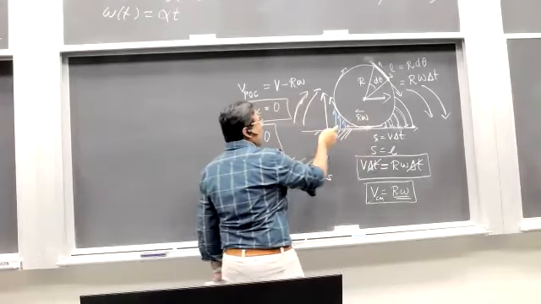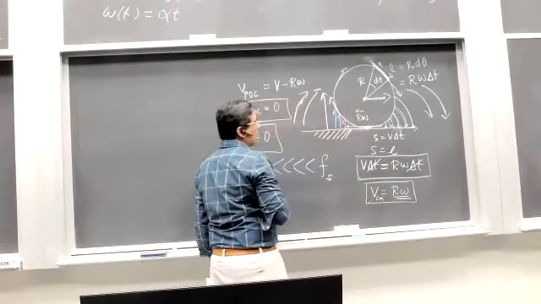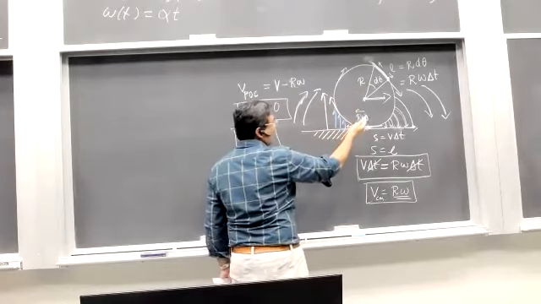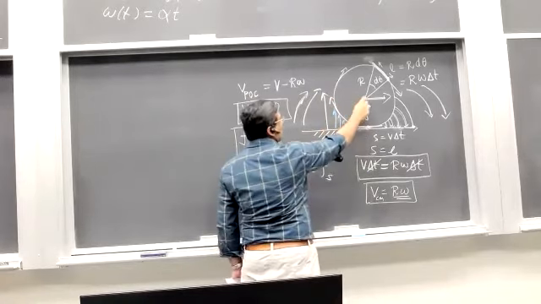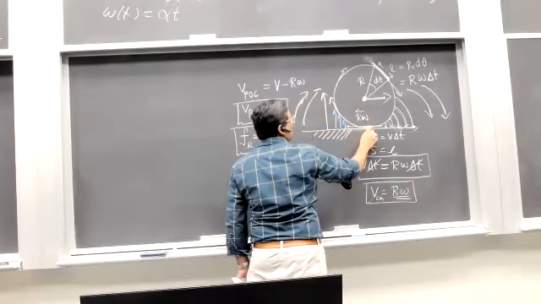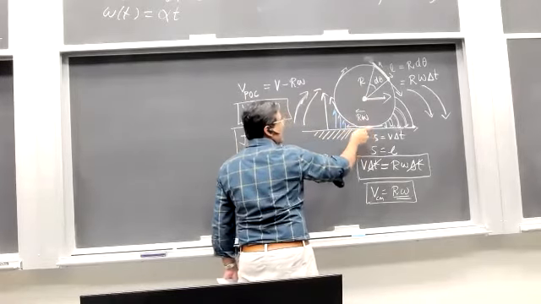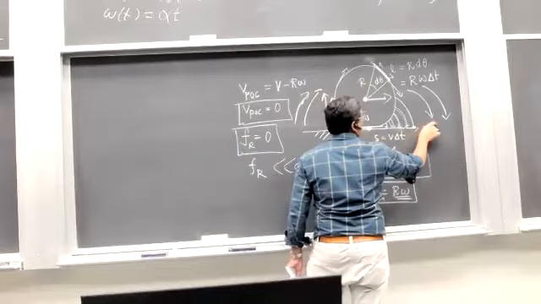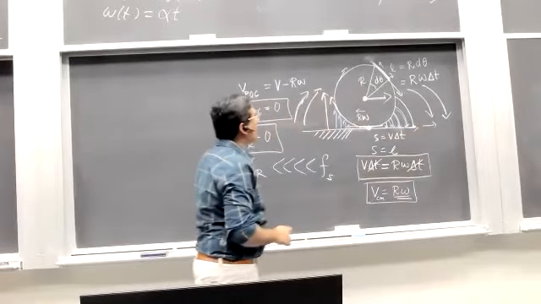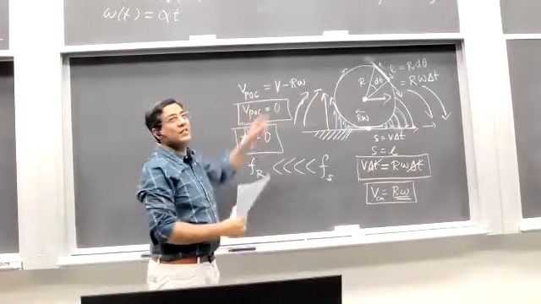And the center of mass of this object, if there was no rolling, then this velocity and this velocity would be the same, rightwards. The point of contact would be moving rightwards with the same velocity, that is vcm.